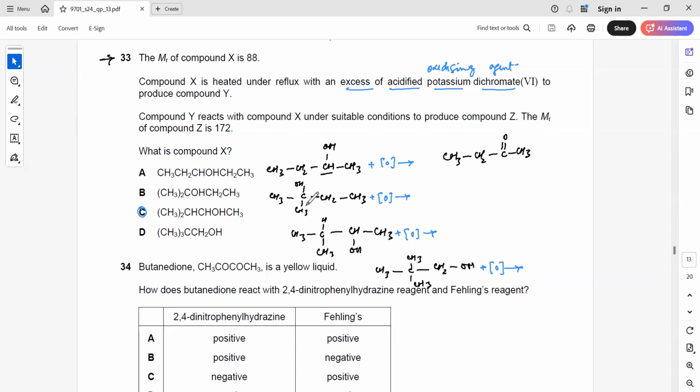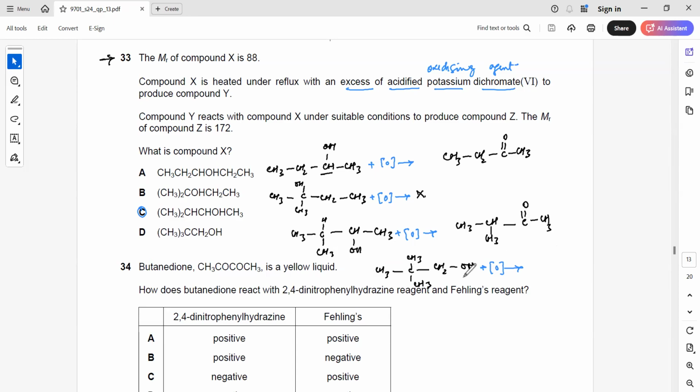This one is tertiary, so it will not oxidize, right? This one is secondary, that will also give us a ketone, right?